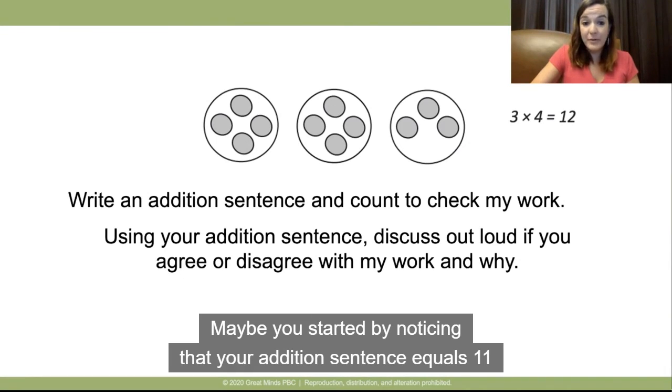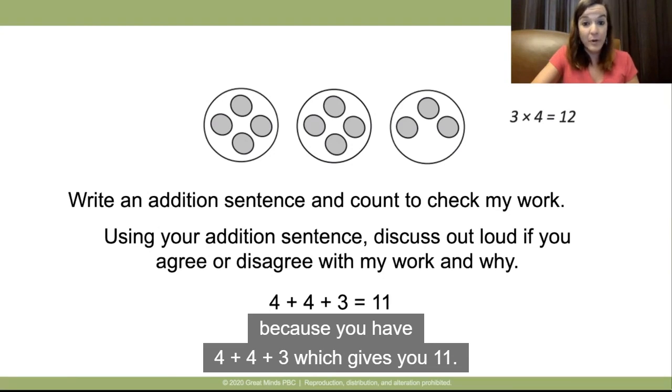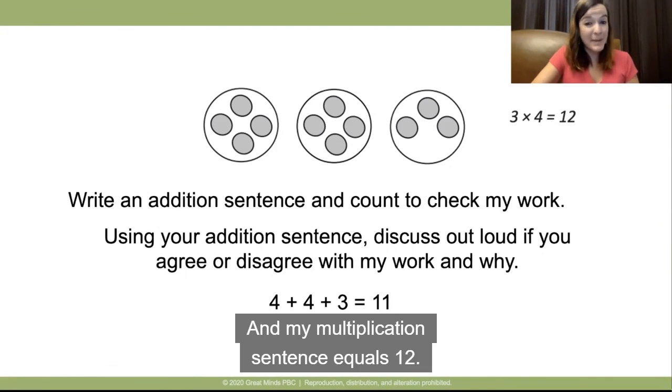Maybe you started by noticing that your addition sentence equals 11 because you have 4 plus 4 plus 3, which gives you 11. And my multiplication sentence equals 12.